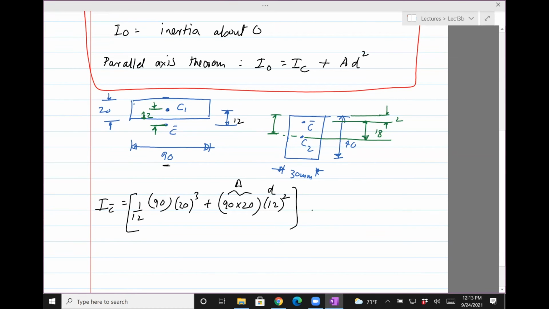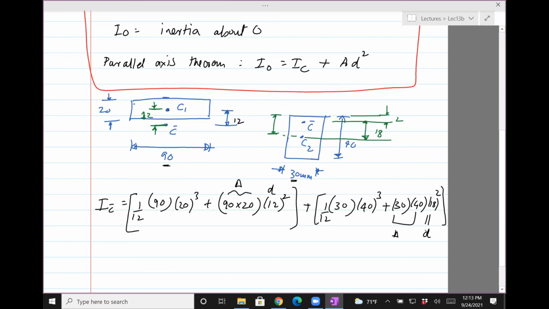For the vertical part, we have again 1/12 base, which is 30, and the height, which is 40. So 40 cube, plus the area of the vertical part of the T. So that's 30 for the width and 40 for the height. And then the distance from C bar to C2 is 18. This is A, sorry, my bad, A squared.